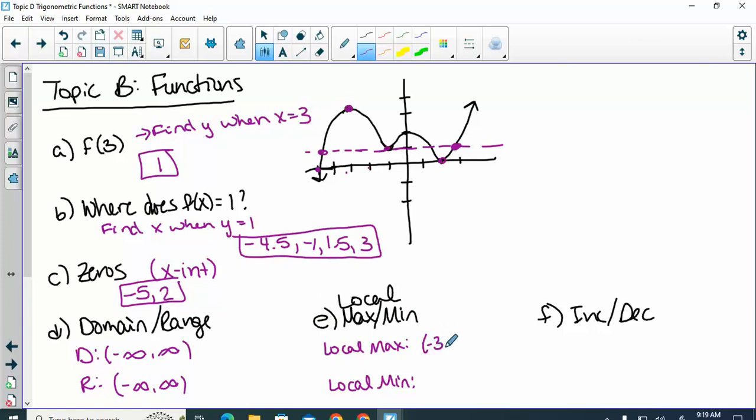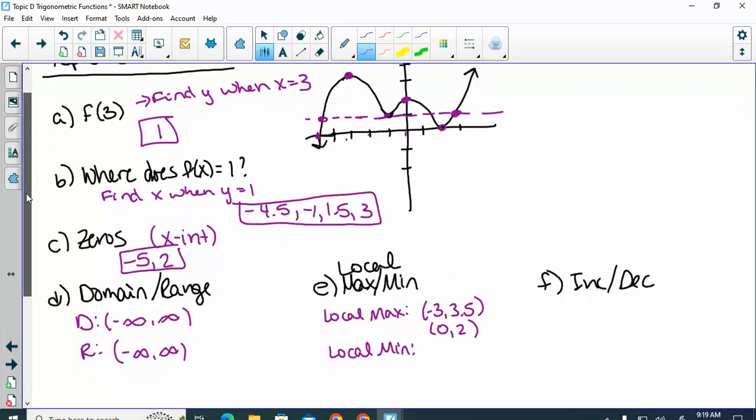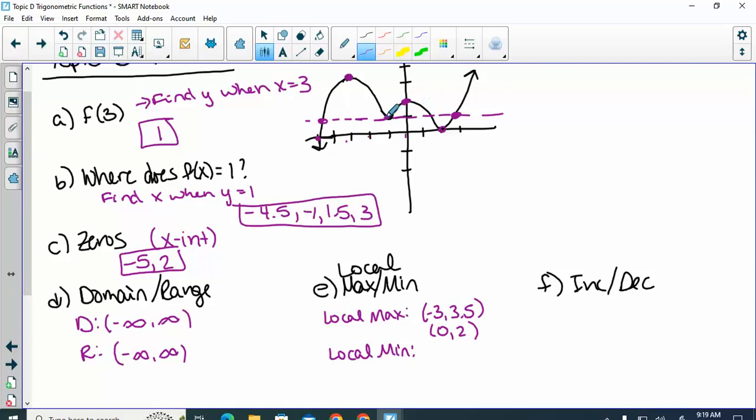Is there another one? 0.2 is also a high point. Minimum. Not the lowest on the entire graph because it's a local, but just lower than surrounding points. So we could say -1, 1, and 2, 0.